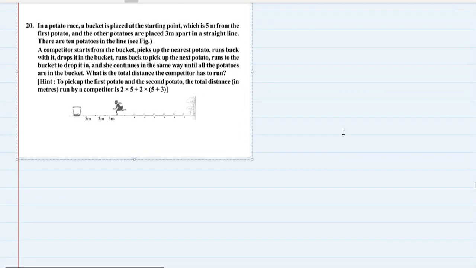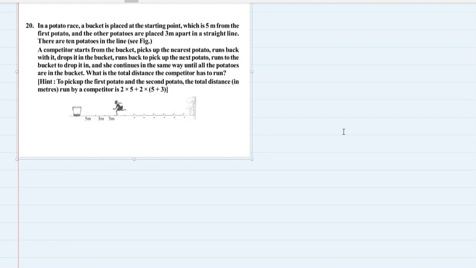In a potato race, a bucket is placed at the starting point, which is 5 meter from the first potato, and other potatoes are placed 3 meter apart in a straight line. Okay, so the first potato is placed 5 meter away from the bucket, and after the first potato, each potato is placed at 3 meter.